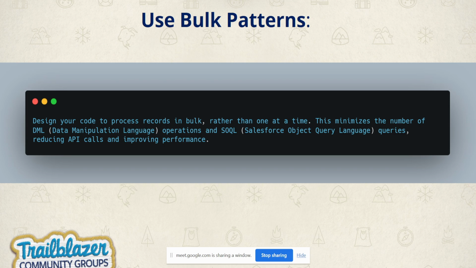So always think about bulk patterns and use them in your code. Definitely it will increase the performance of your code, and using this best practice and design pattern is good.